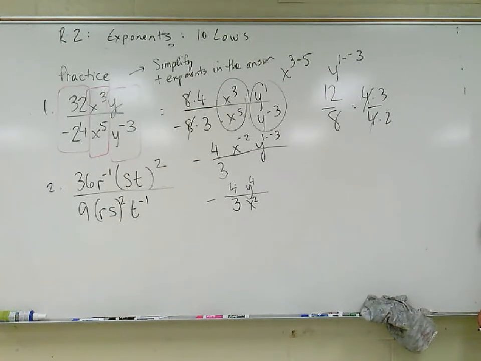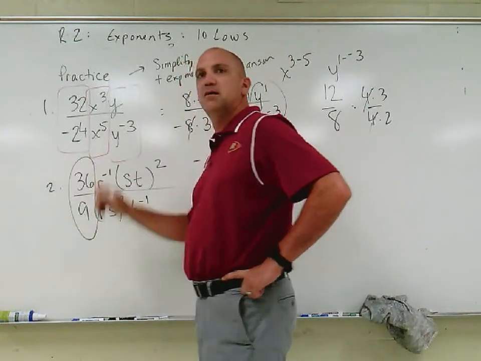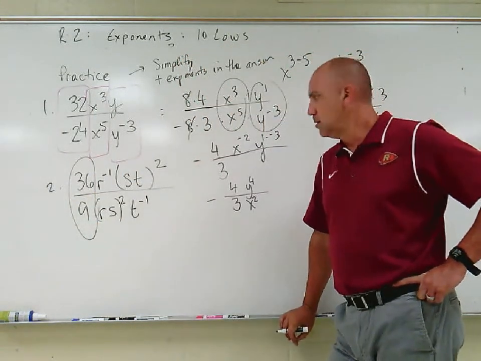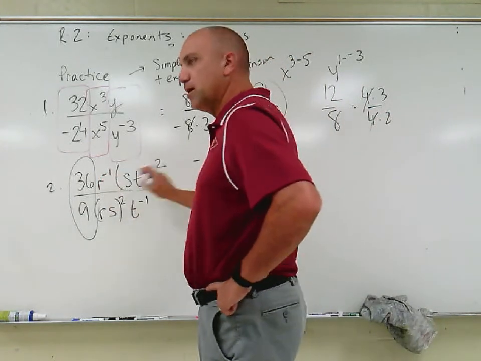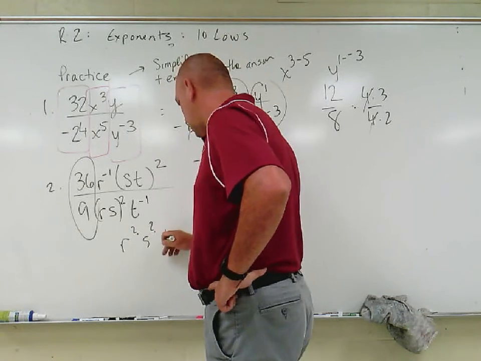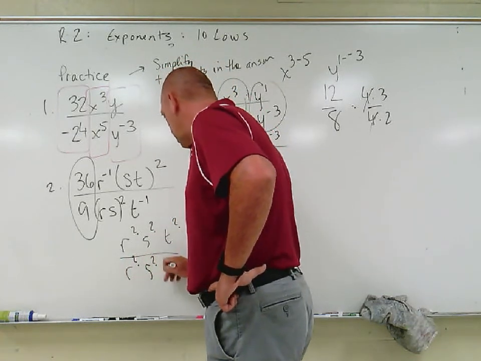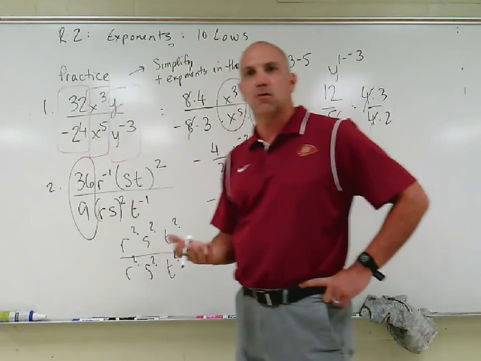All right. Did that help a little bit there to see that one? Now let me give you a hint on this. The 36 over 9, should that be easy? Yeah. Get that out of the way. Then I see there's an RST, so I'm going to get R to a power, S to a power, T to a power, over R to a power, S to a power, T. I'm putting question marks because I'm pretending I don't know.